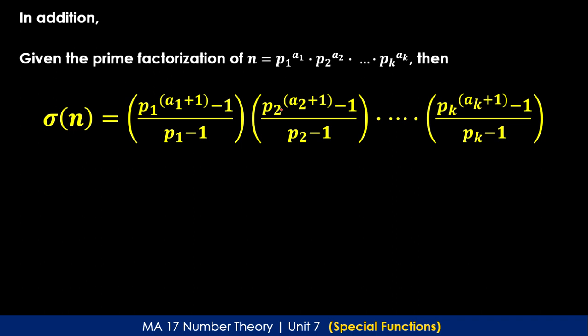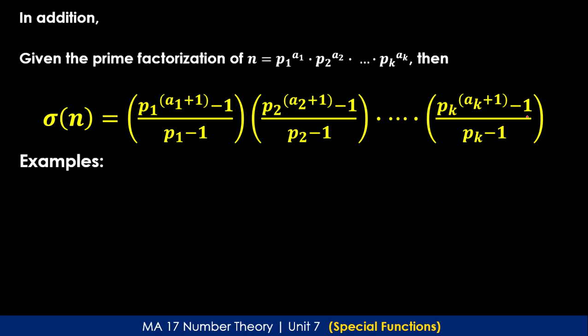Then for another prime factor, you just repeat that: you add 1 to the exponent, minus 1, all over the prime factor minus 1, up until the last prime factor.